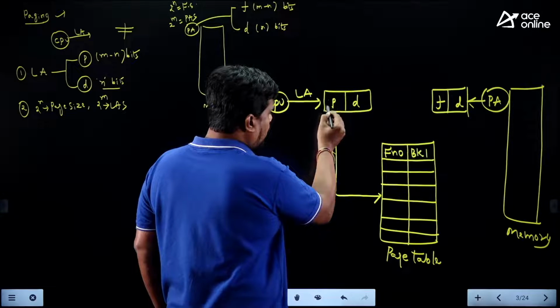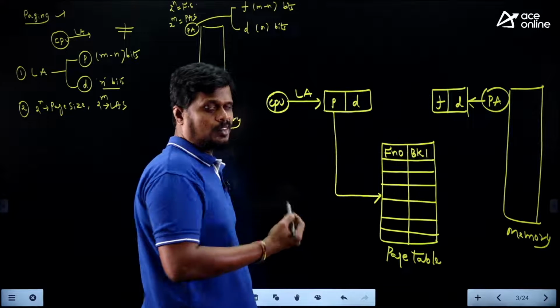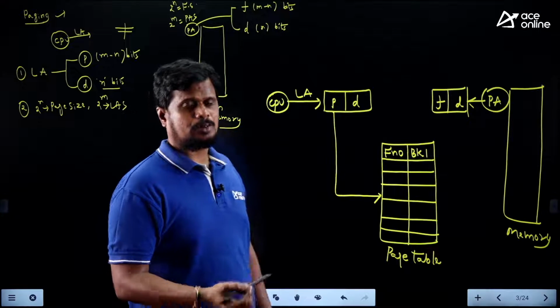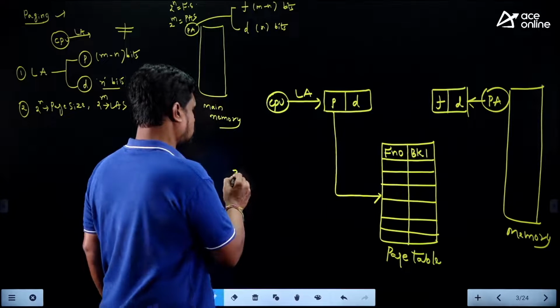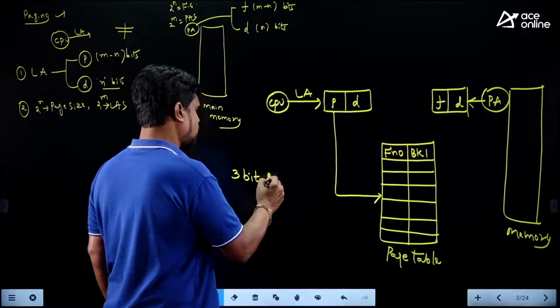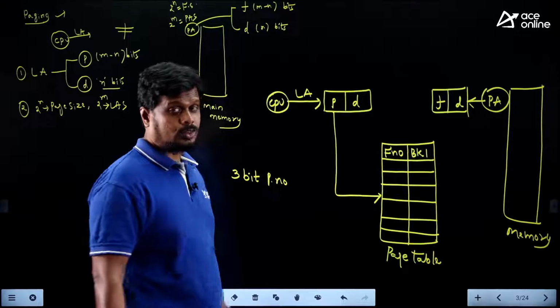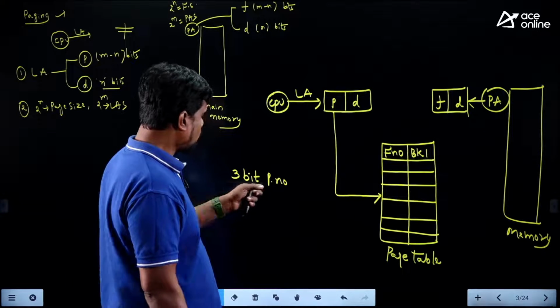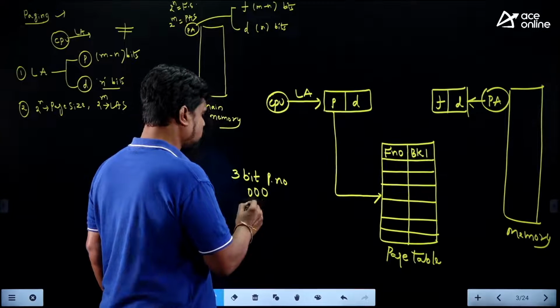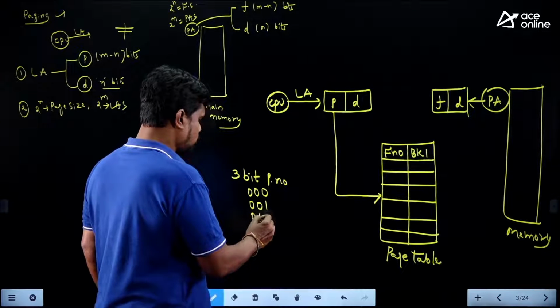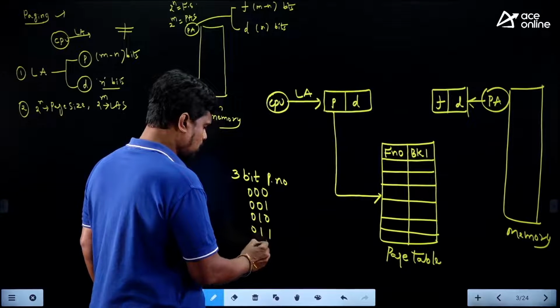So if the number of bits that I am using to represent the page number is 3, then I am going to have 8 pages. What are the 8 pages? 000, 001, 010, 011, 100.